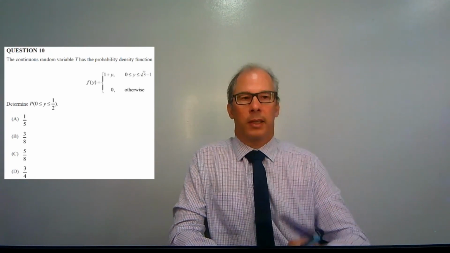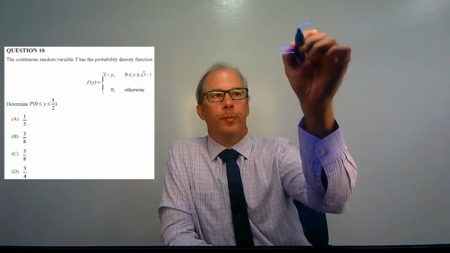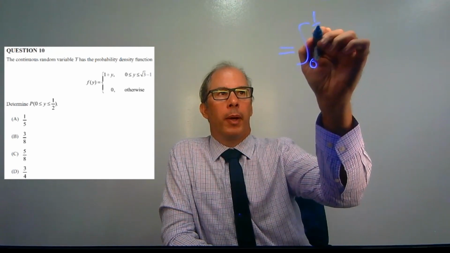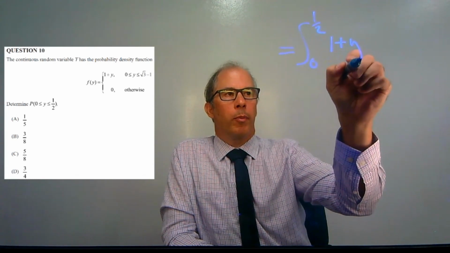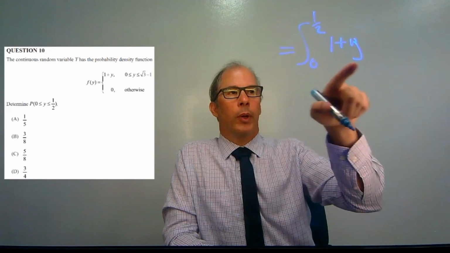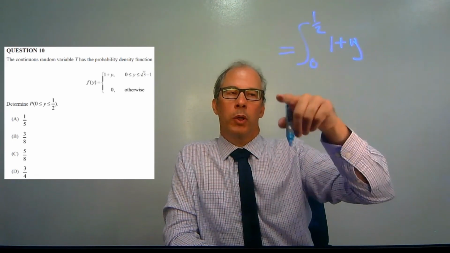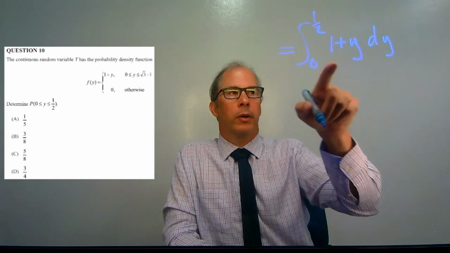Well, in this case we can set that up as an integral between our lower bound of 0 and our upper bound of a half of our 1 plus y, which is information given in the question. We can integrate that with respect to y. So because we're integrating with respect to y, we're going to put a dy on the end here.